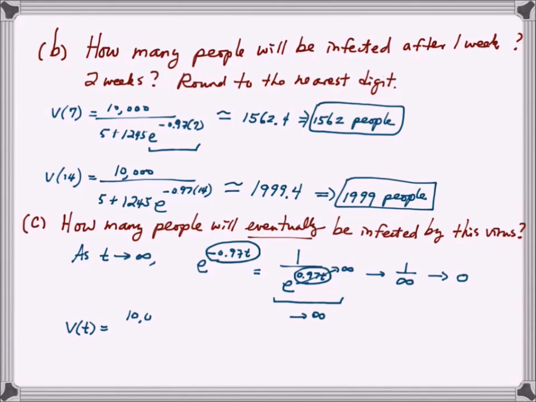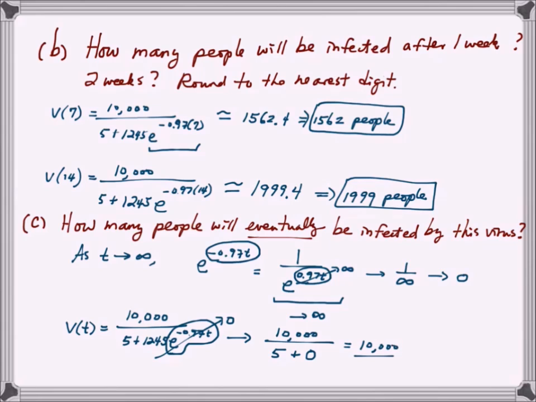Then we have 10,000 over 5 plus 1245 times e to the negative 0.97t. This exponential portion goes to 0 as t goes to infinity. So the entire function goes to 10,000 divided by 5 plus 0, which is 10,000 divided by 5, and that is equal to 2,000.